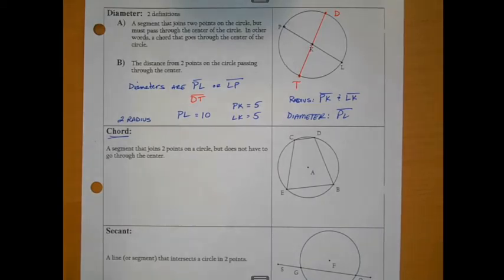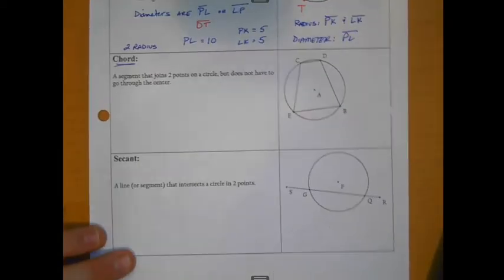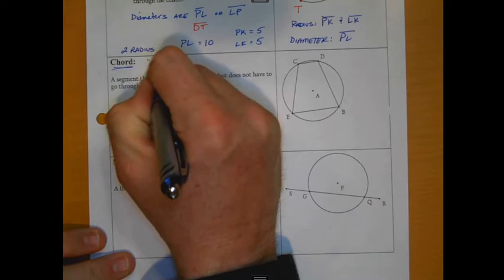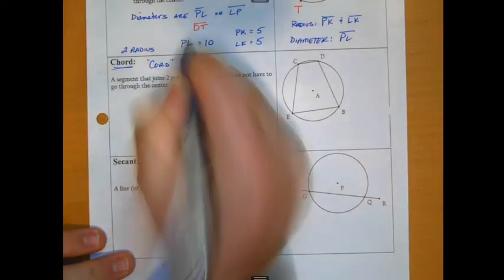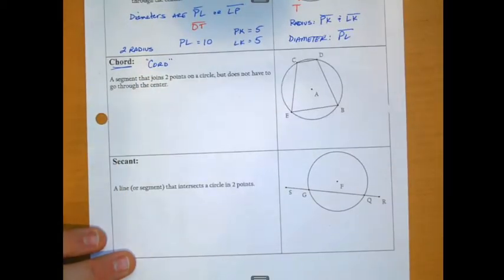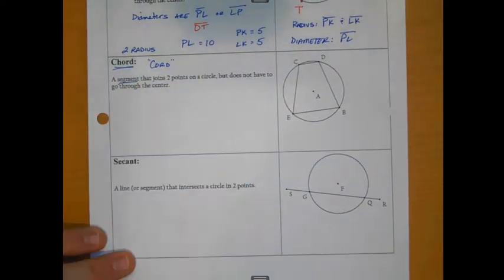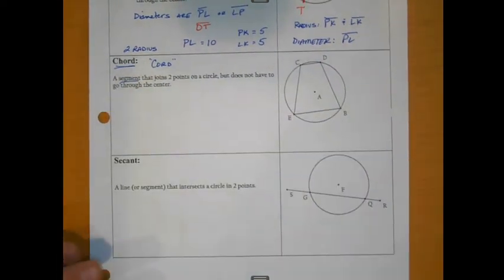All right, a chord, kind of pronounced as C-O-R-D. So a chord is a segment that joins 2 points on the circle but does not have to go through the center.